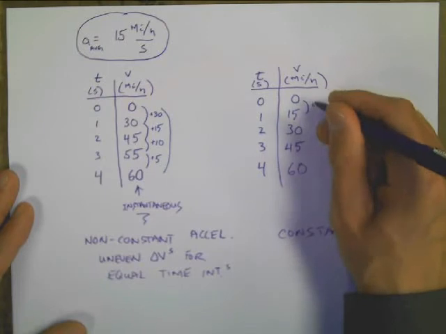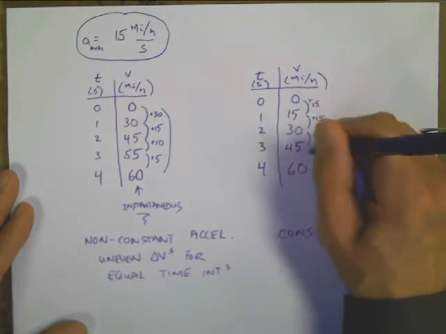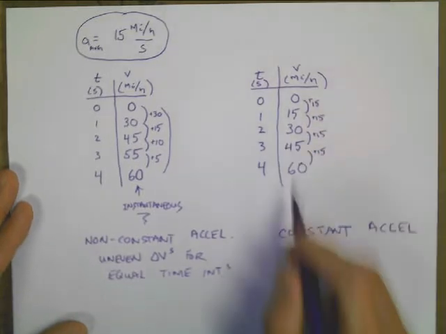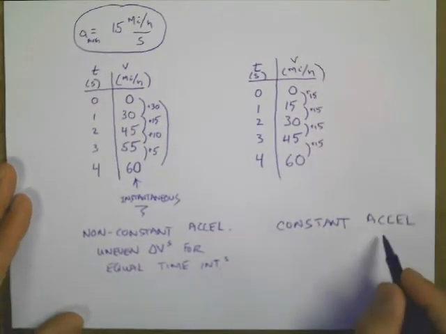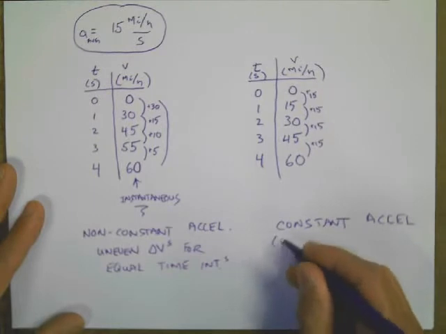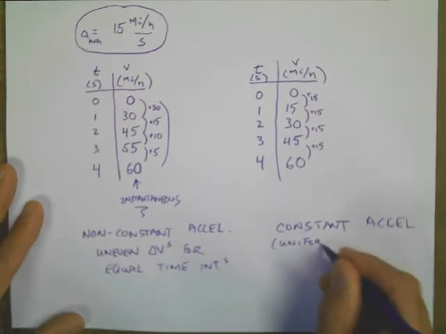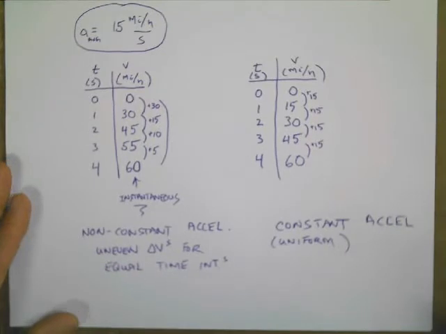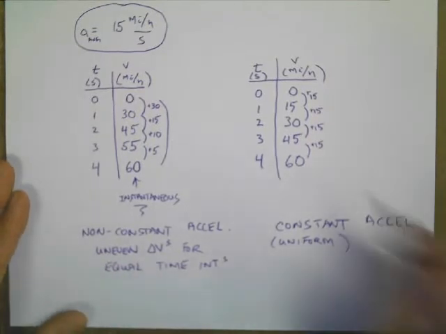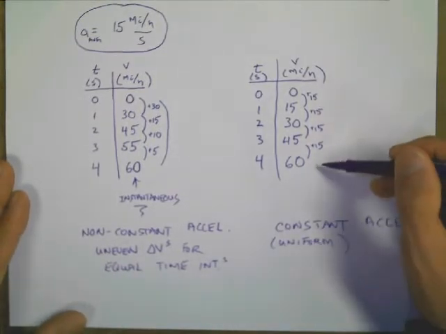We're going up in nice steps of 15: plus 15, plus 15, plus 15, plus 15. That's basically a constant acceleration, sometimes also called a uniform acceleration. Cars don't usually do this.